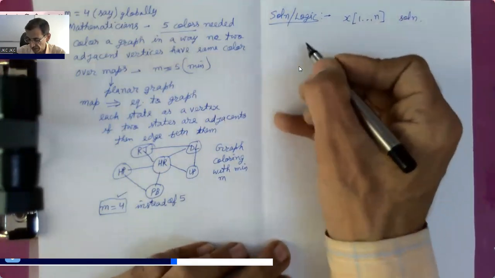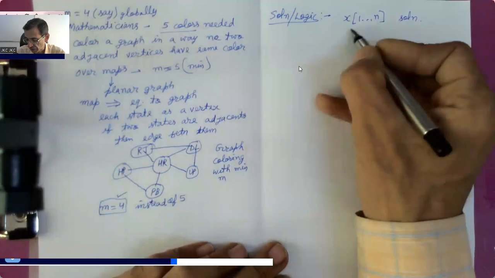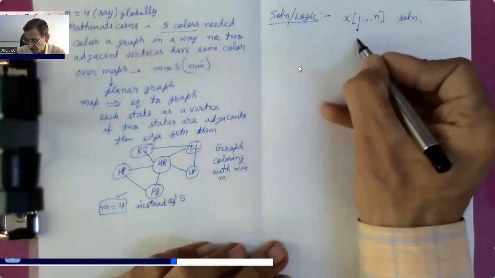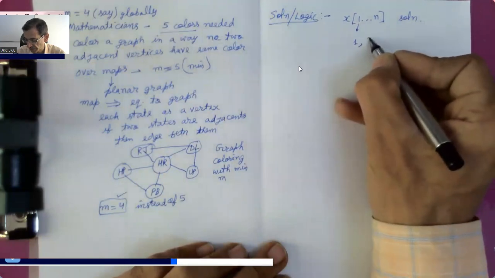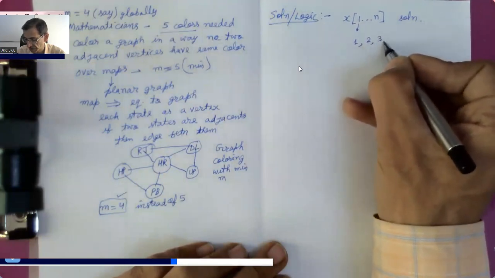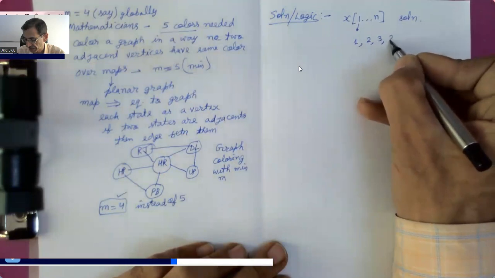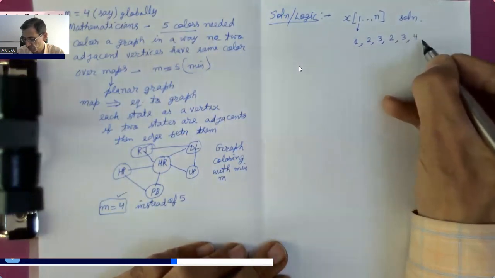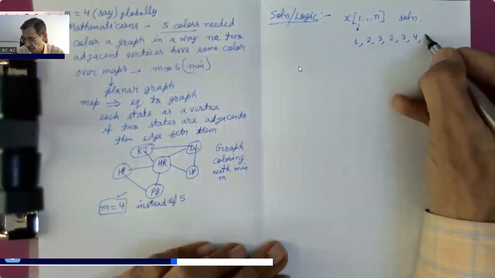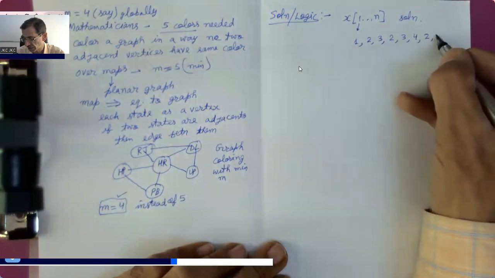Let's say there are colors. The first vertex is given color 1, the second vertex is given color 2, the third vertex is given color 3, the next vertex color 2, the next vertex again 3, then a fourth color to another vertex, color 2 again, color 3 again.